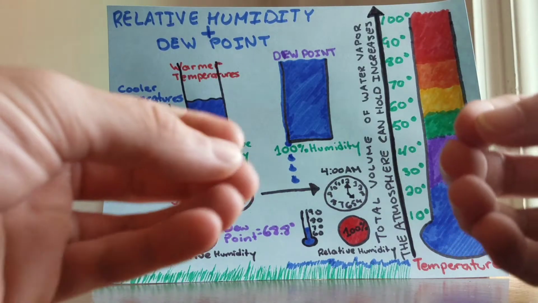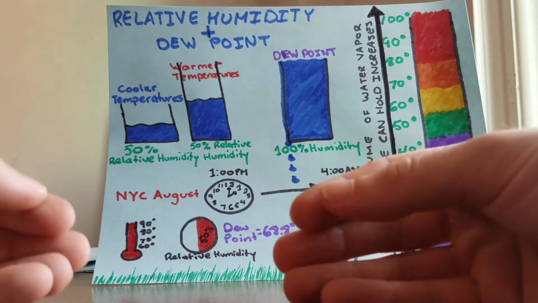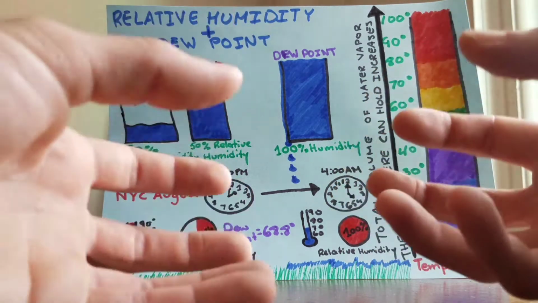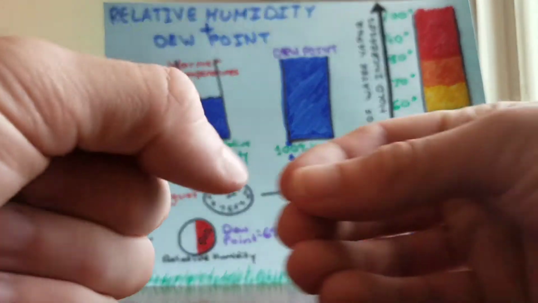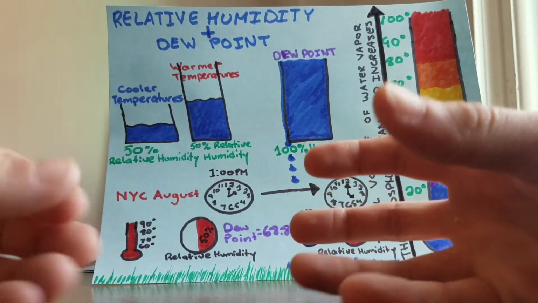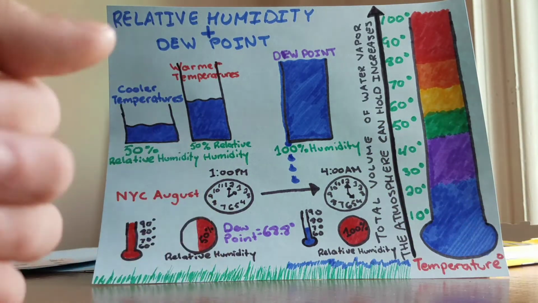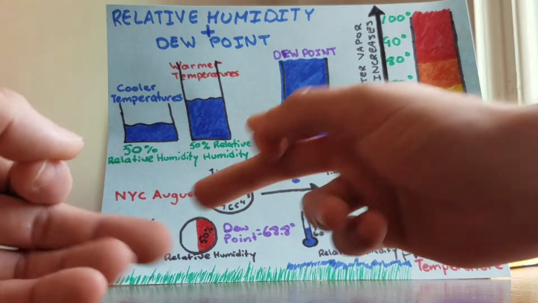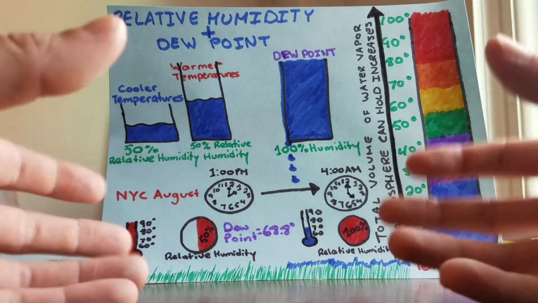Okay, now if the relative humidity is at 50%, that means that if it was cooler or warmer, the actual amount of humidity in the air wouldn't change, but what would change is the relative humidity, because now you have a warmer or cooler temperature allowing more or not allowing more water vapor into the air. Okay, so changing that actual total relative humidity that the atmosphere can contain at that time.